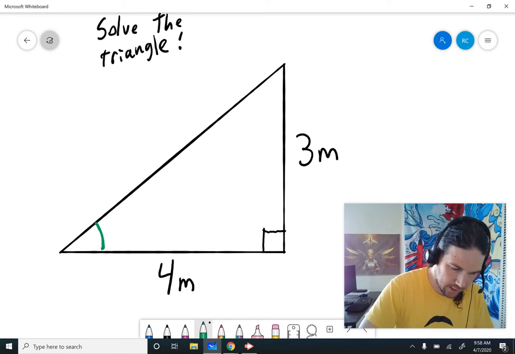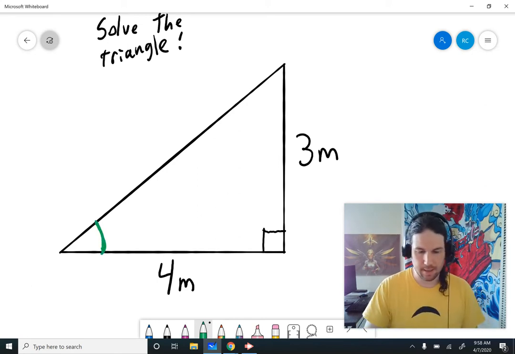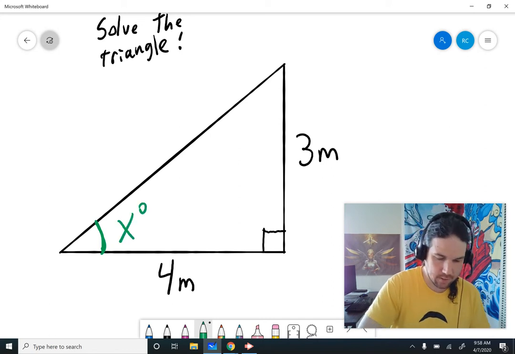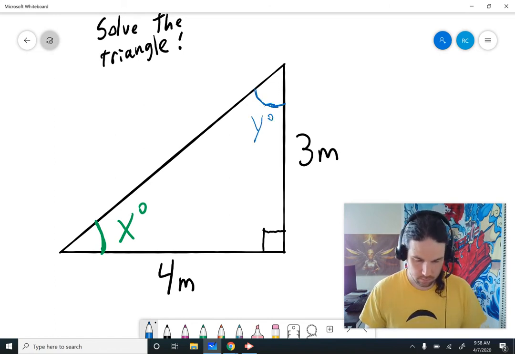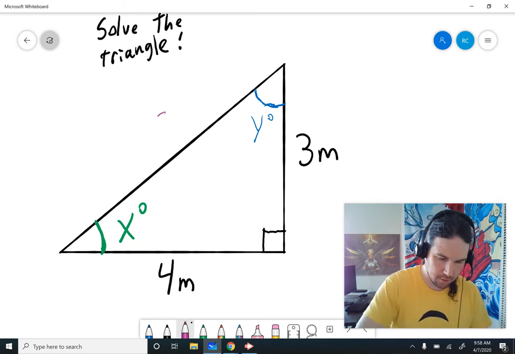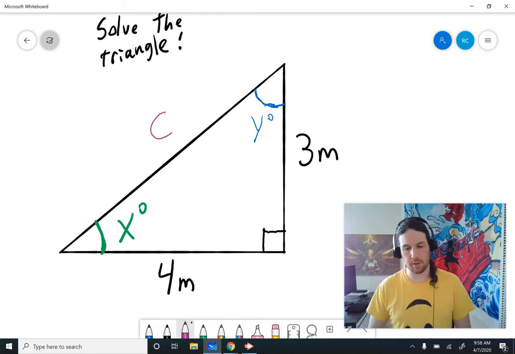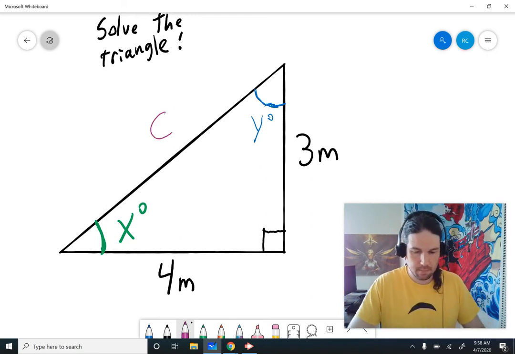Let's call this, I don't know, x degrees. And we'll call this angle y degrees. And I'm going to still use c for the hypotenuse because that's just what I've been using.